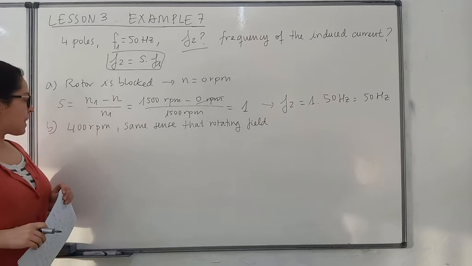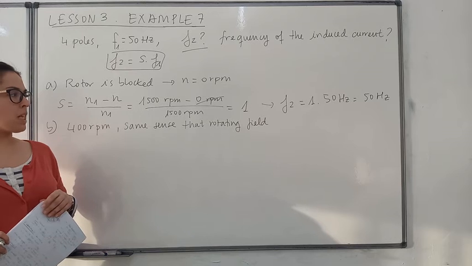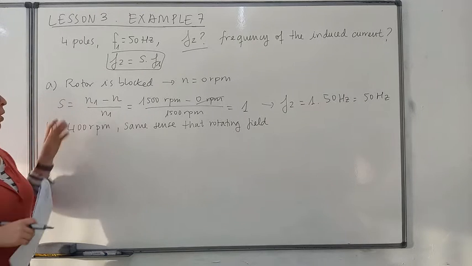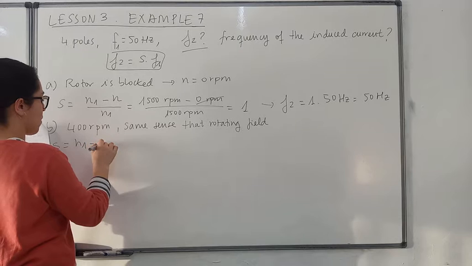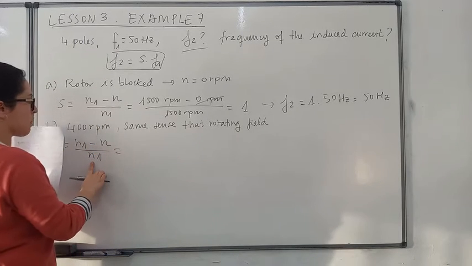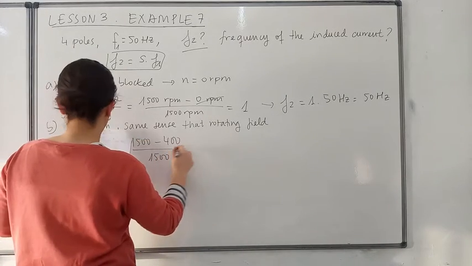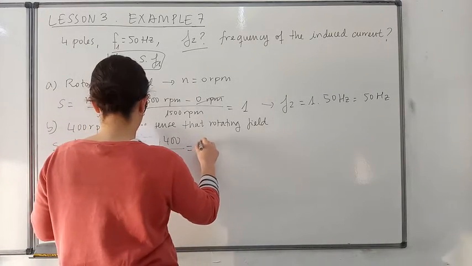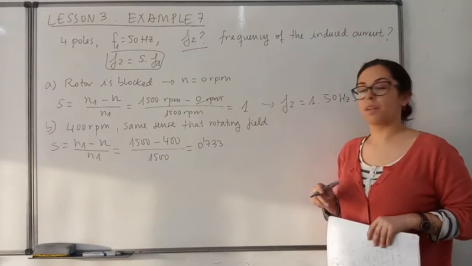In question B, they say that the angular speed is 400 revolutions per minute in the same sense as the rotating field. So then, the sliding will be the synchronous velocity minus that speed, divided by the synchronous velocity, which gives a result of 0.733.